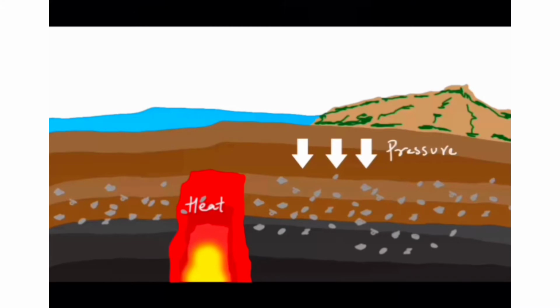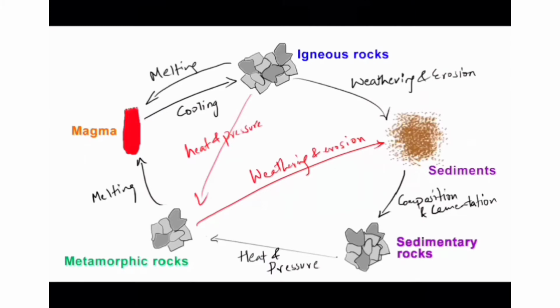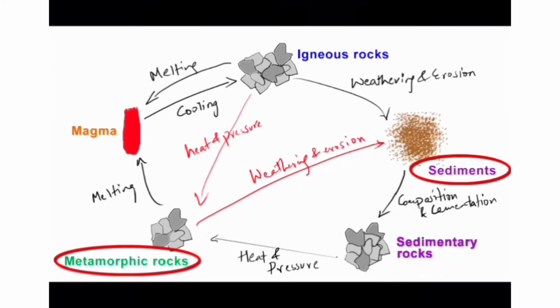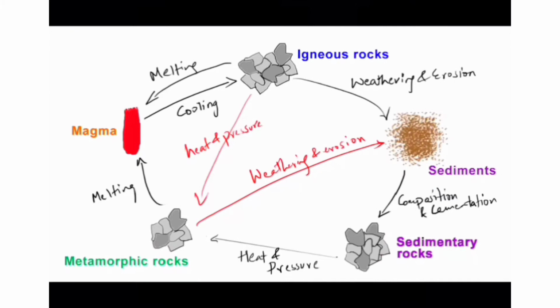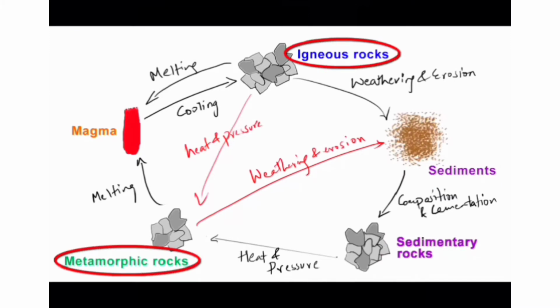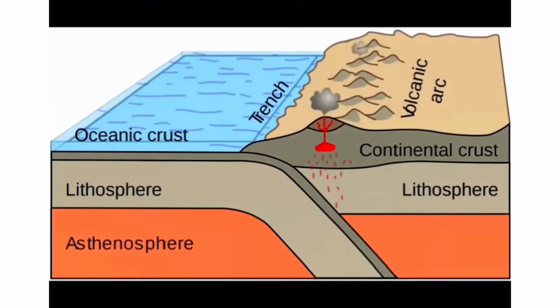With natural forces like wind and water, this metamorphic rock can again be broken into sediment, and sediment into sedimentary rock. The rock cycle never stops. The metamorphic and the igneous rocks find their way into the mantle through subduction.